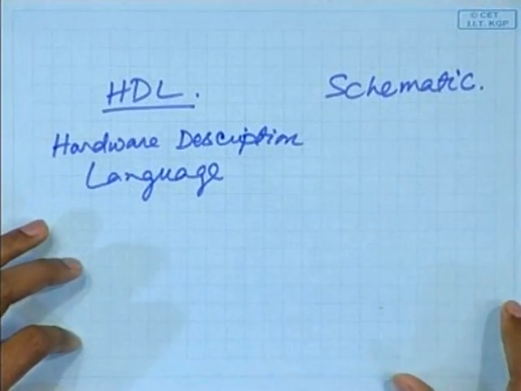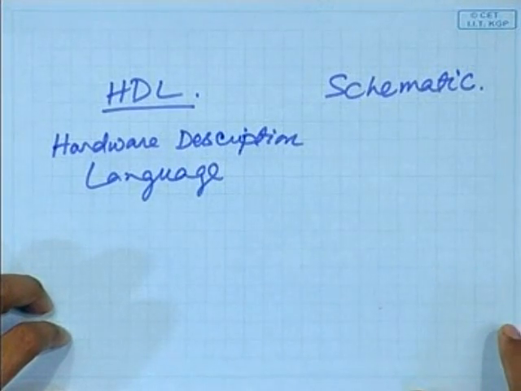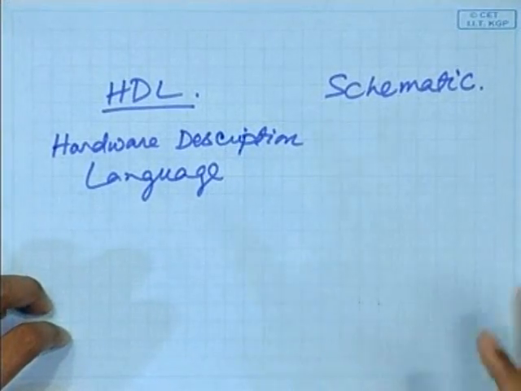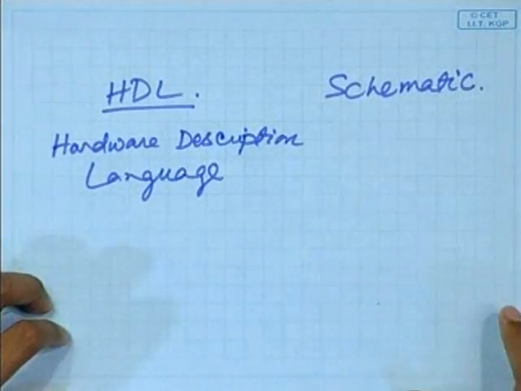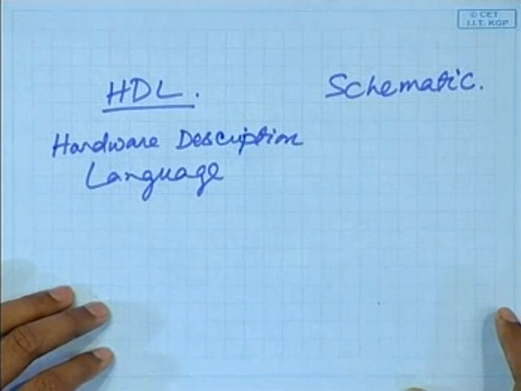You see, we have C and Fortran, right? We can also write C and C++ and Fortran, but you know that C and Fortran are sequential compilers. The execution is very sequential, but digital design needs concurrent processes. It requires some concurrent, parallel processing. So C and Fortran will not help us, right?